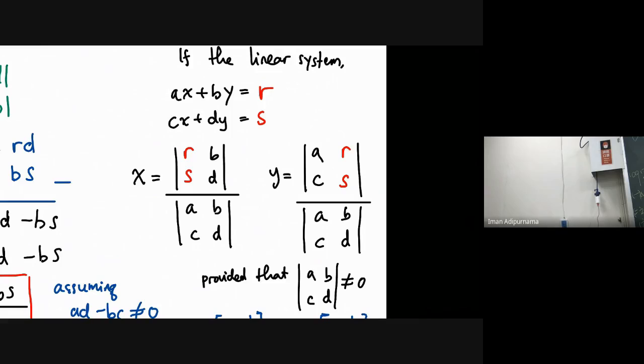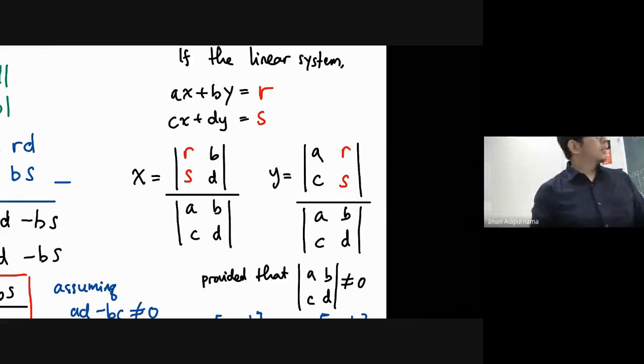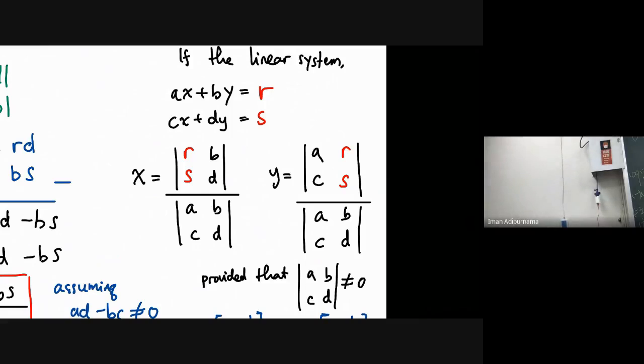For example, in this case, the first column a, c we change to r, s, and here the second column is replaced by r, s.